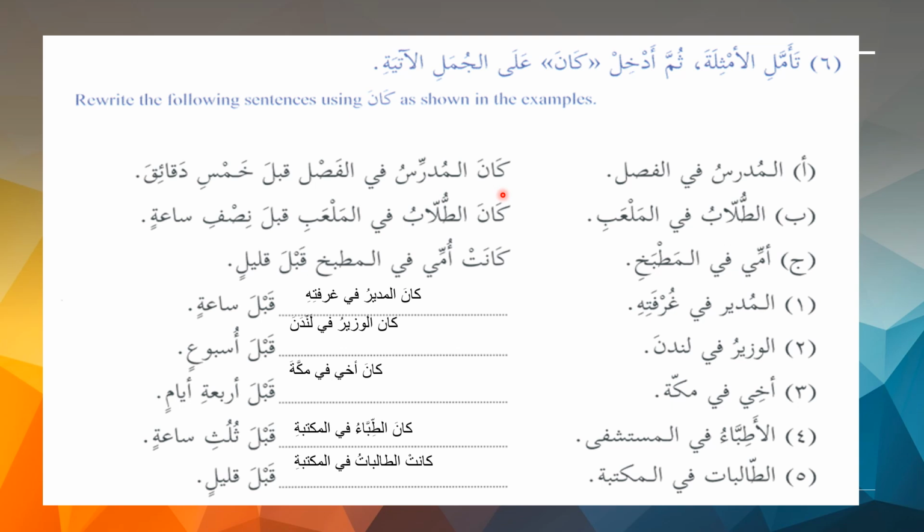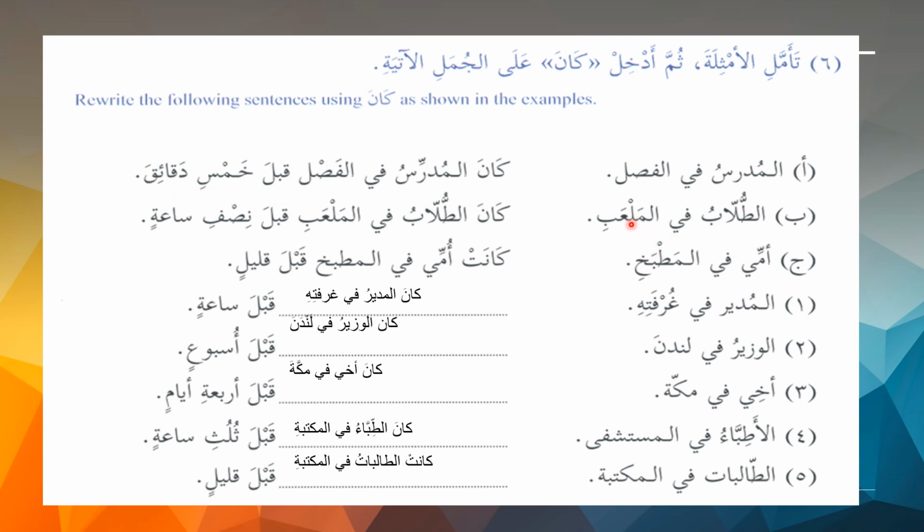For example, al-mudarrisu fil fasli is a normal sentence, but when you use kana, it means was. Kana al-mudarrisu: al-mudarris is ism kana, remains in marfu. Fil fasli qabla khamsi daqa'iq means he was in the class five minutes before.